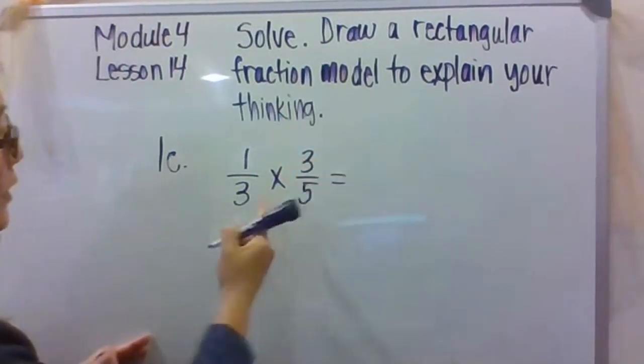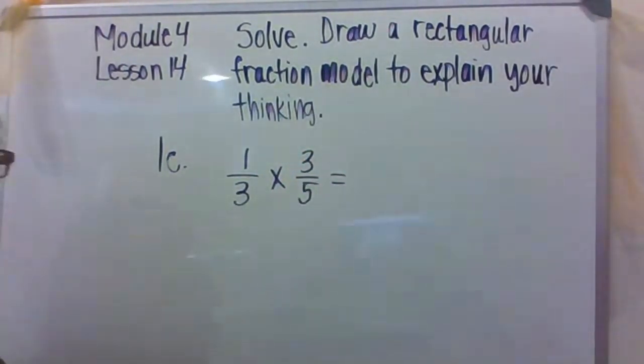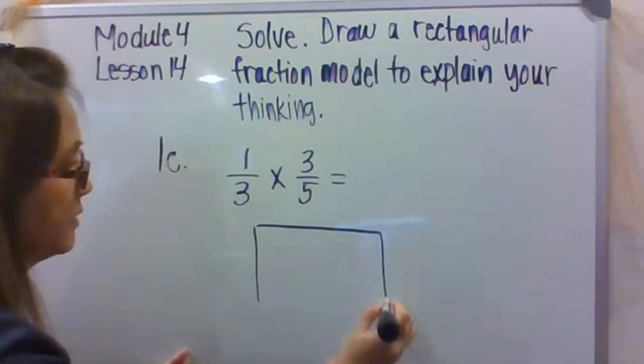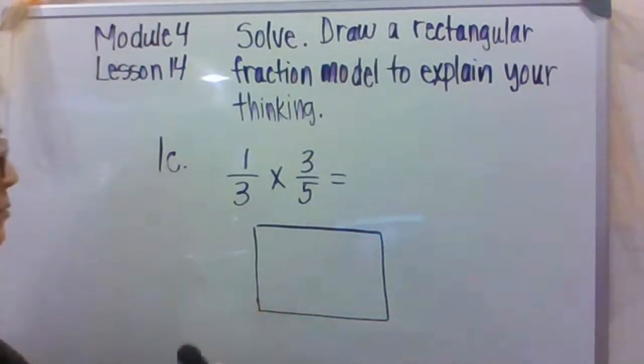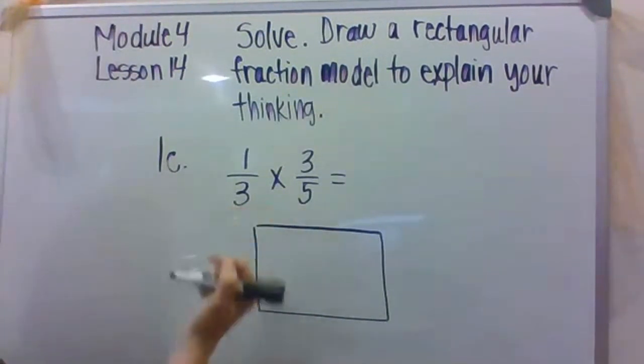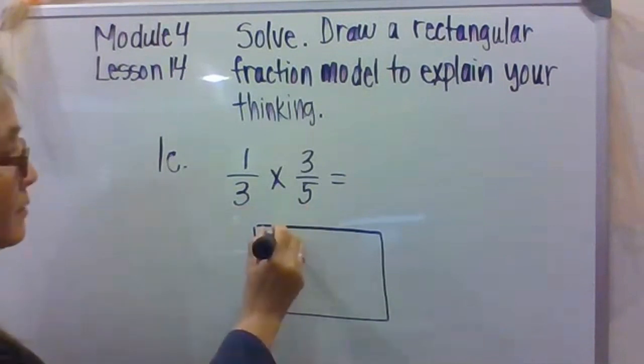They actually have the word of there, but I know of means multiply, so I'm going to just plug it in there now. I'm going to draw my rectangular fraction model. Doesn't matter if I show thirds or fifths first. I did my 4/3 first just because it was more than one whole, and so for me it's easier to do it that way. So these are both less than one whole. I'm going to go ahead and do my fifths.